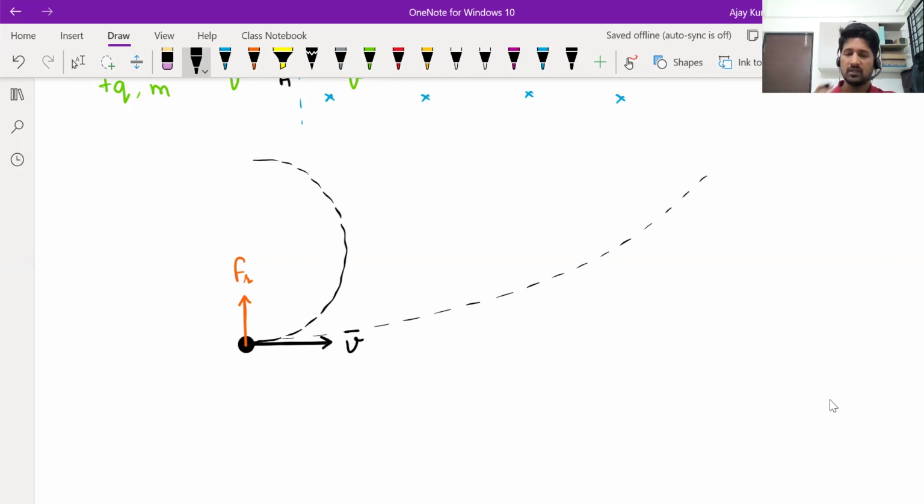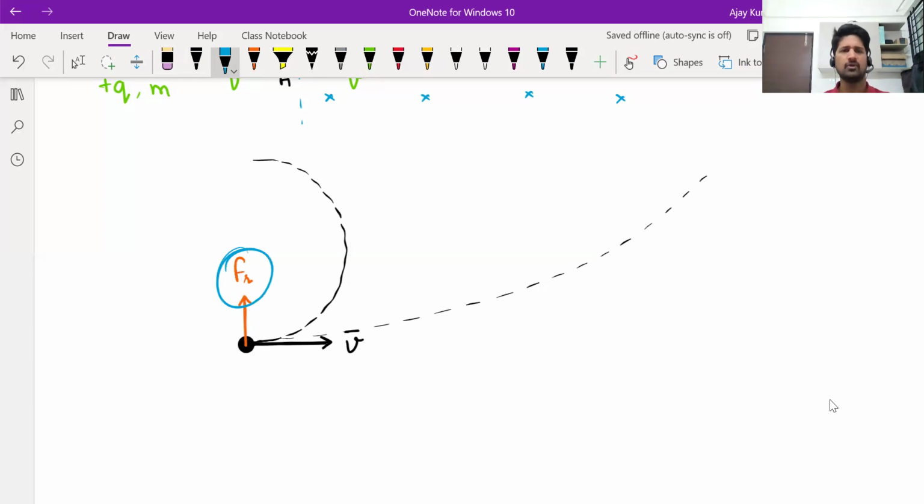So the radius of curvature of the path depends on how much force acts in the radial direction. It depends on its radial acceleration actually, which in turn depends on the radial force, which is what we call centripetal force. So just by knowing the magnitude of that force, you can tell the radius in which an object moves, not just in the case of a charge moving in a magnetic field.